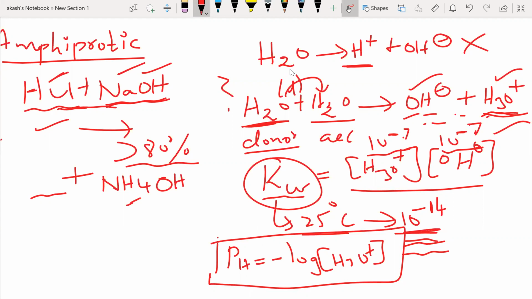pH is equal to negative log of the H3O plus ion. If I want to find the pH of this particular water, what is the concentration of H3O plus ion? I find that the concentration of H3O plus ion is 10 to the power minus 7.